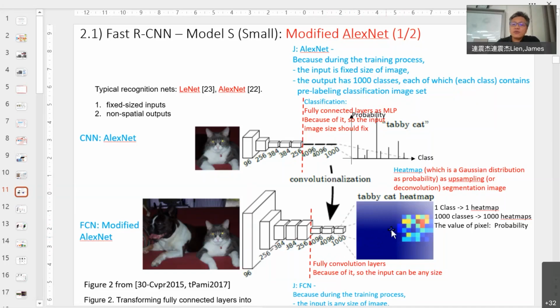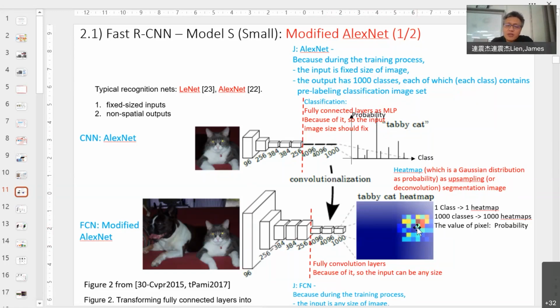Based on the map, if it belongs to that class, there is a bigger Gaussian distribution there. Otherwise it will be almost 0.